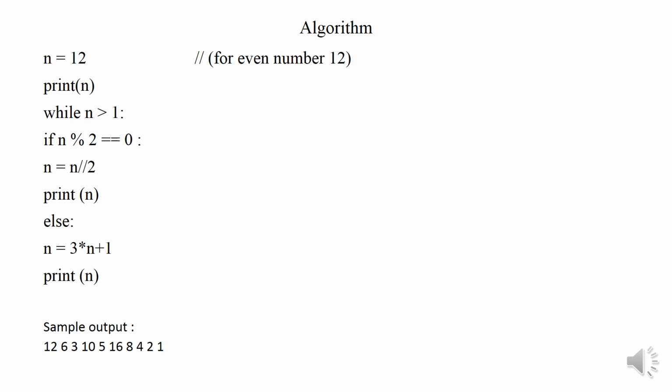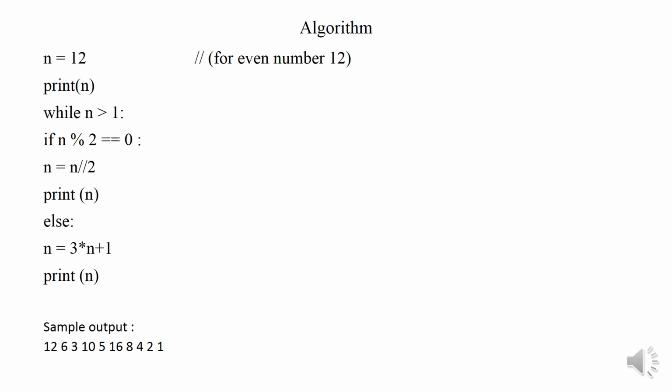It is very easy to understand that the first number 12 is an even number. So the remainder is 0, we are going in the if control statement. So we divide that 12 by 2.